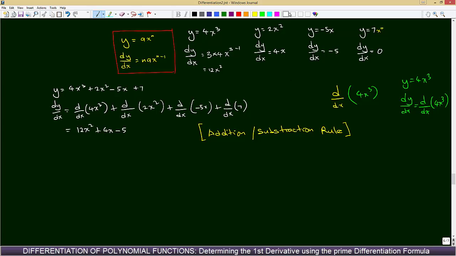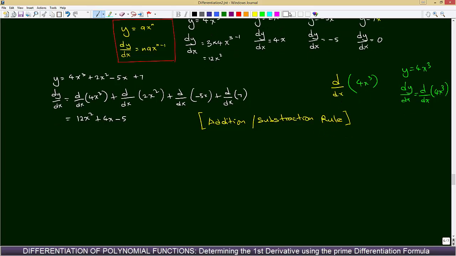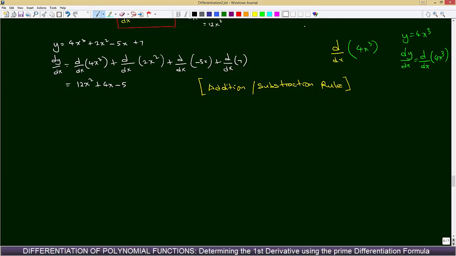Okay, so let's try to use another example of that addition and subtraction rule. Let's do a slightly more complicated example. y equal to 2x squared minus x plus 1 over x minus 3 over x squared plus 3.